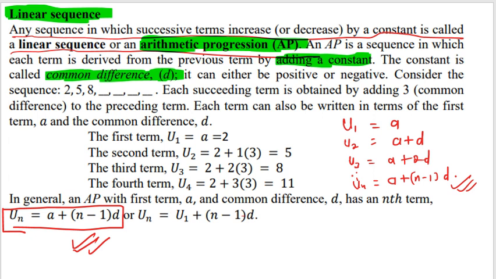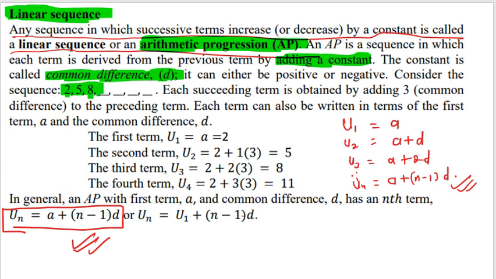So, an example is here. Looking at this sequence, we have 2, 5, 8. And you can see that there is a common difference of 3. Because to get the next term, you add 3 to 2 to get 5. Add 3 to 5 to get 8.